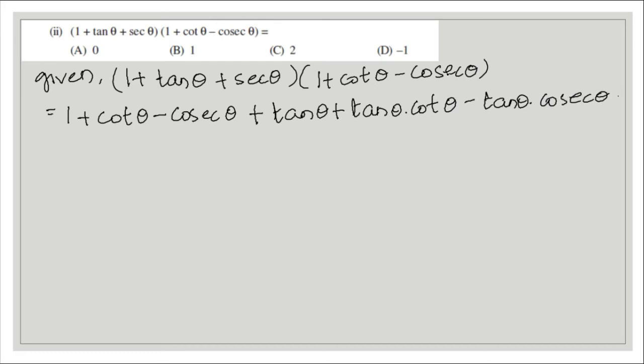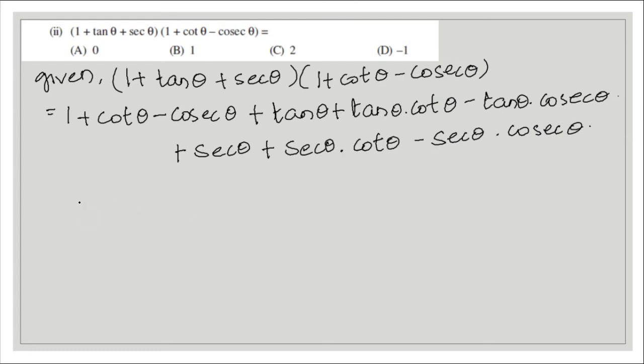Now tan theta is multiplied to all the three terms. Now I'll continue with secant theta multiplied to all the three terms. I'll get secant theta plus secant theta into cot theta minus secant theta into cosecant theta.